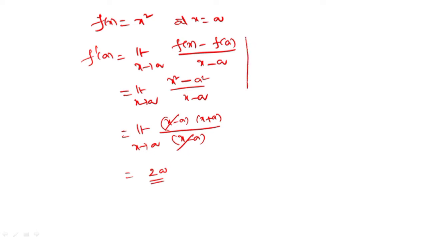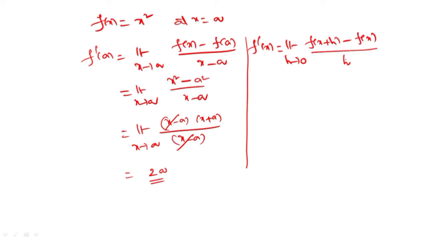Okay, so we can go by the second formula also. First we would like to find f dash of x: the limit as h tends to 0 of (f of x plus h minus f of x) by h. So the limit as h tends to 0 of ((x plus h) whole square minus x square) by h.